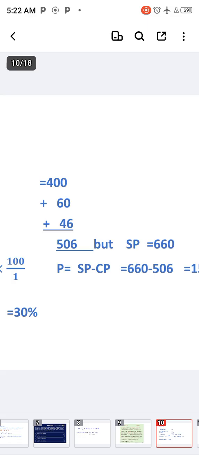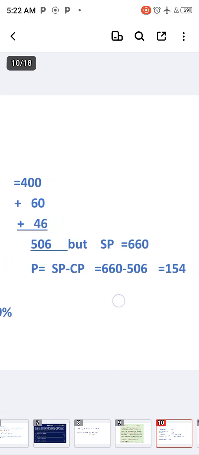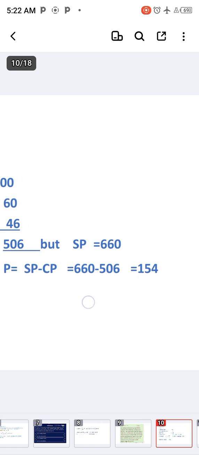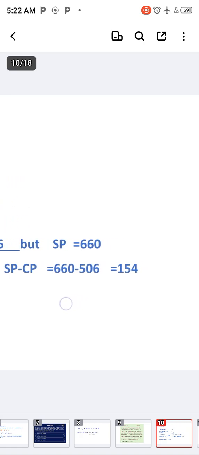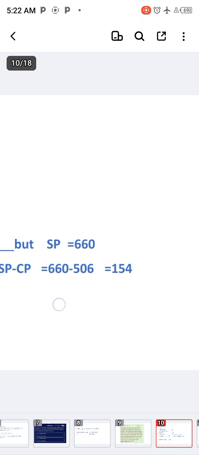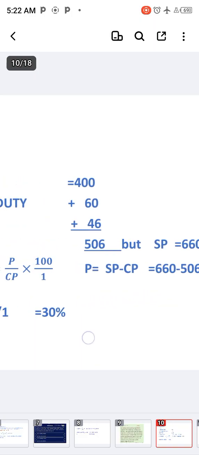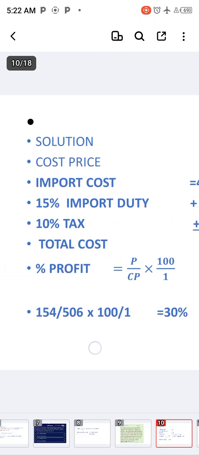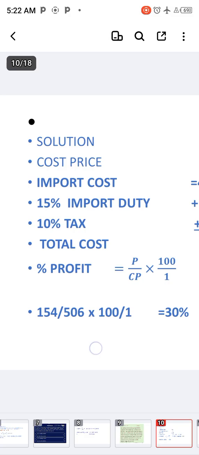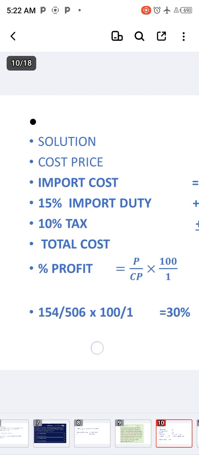So the profit will be 660 minus 506, which is 154. To find the profit percent, we will express this profit over the cost price multiplied by 100 over 1, which is what we've just done here. 154, which is the profit, over 506, which is the cost price, multiplied by 100 over 1.